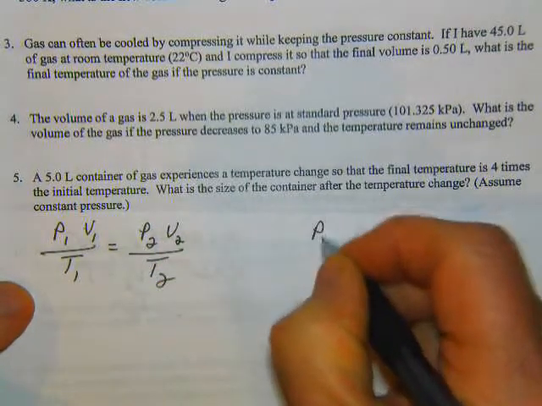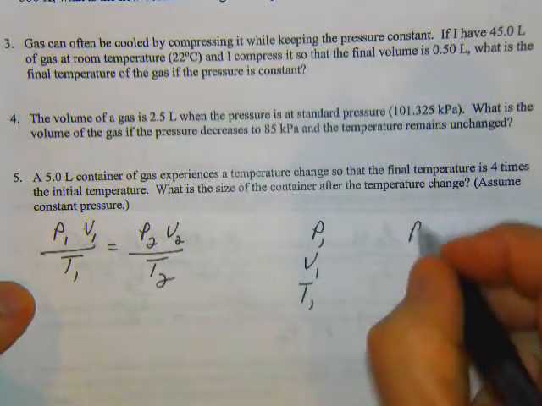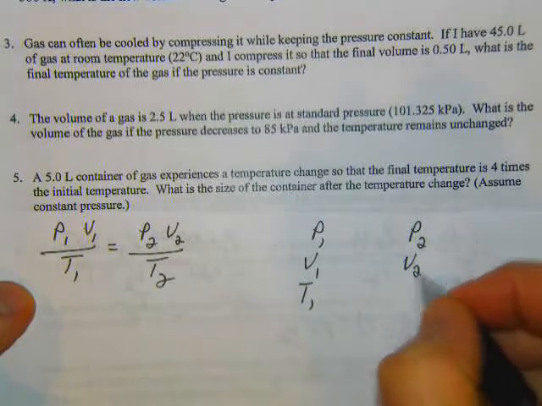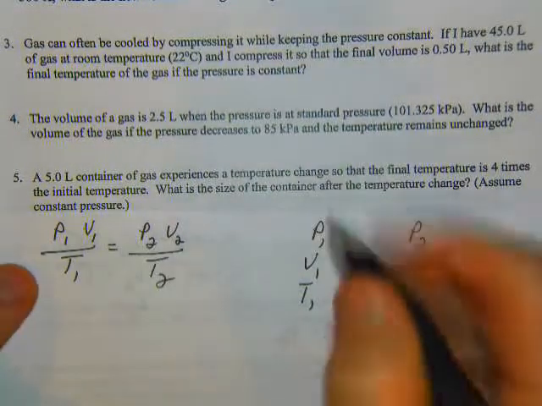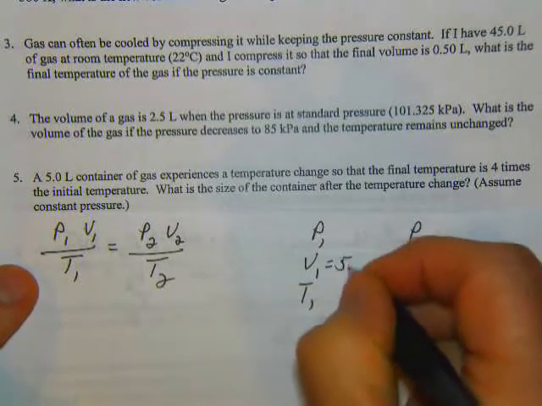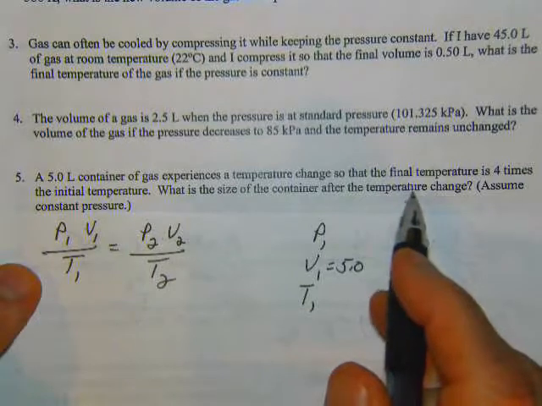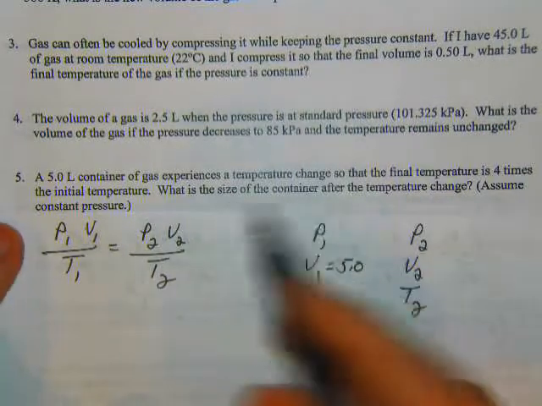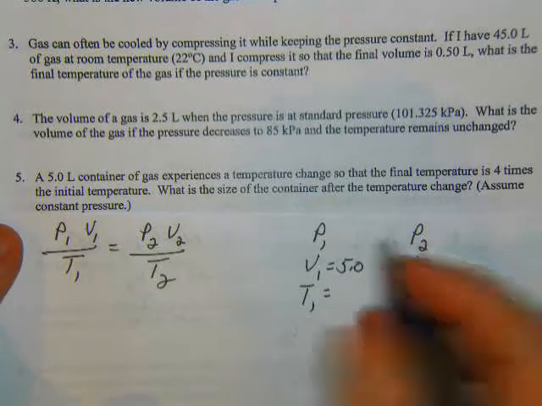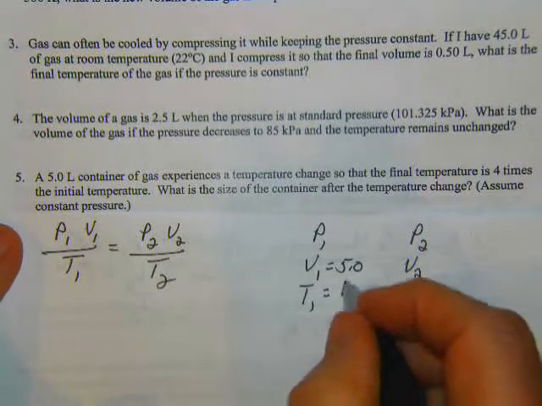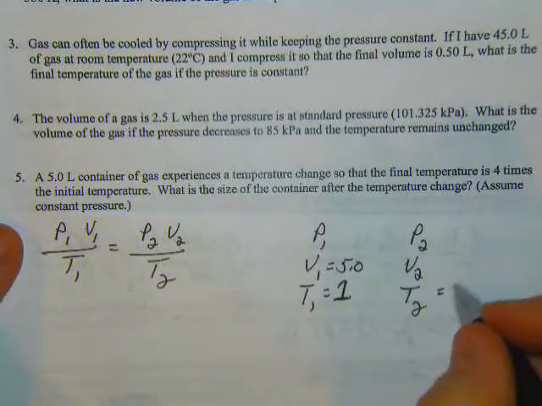We have 5 liters, actually 5.0. The final temperature is 4 times the initial. We can use any temperature, so let's just call it 1 Kelvin. Why not? Makes it easy.